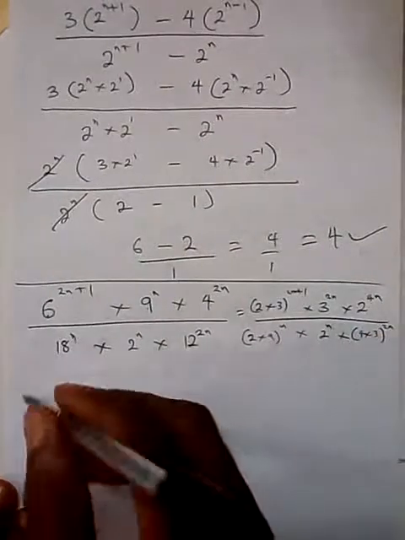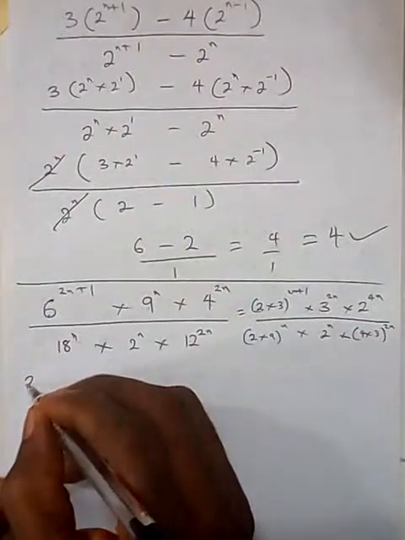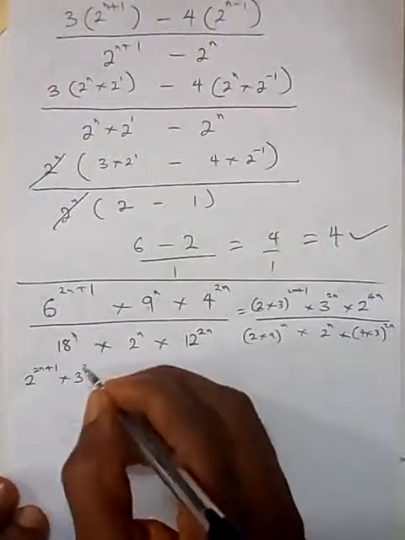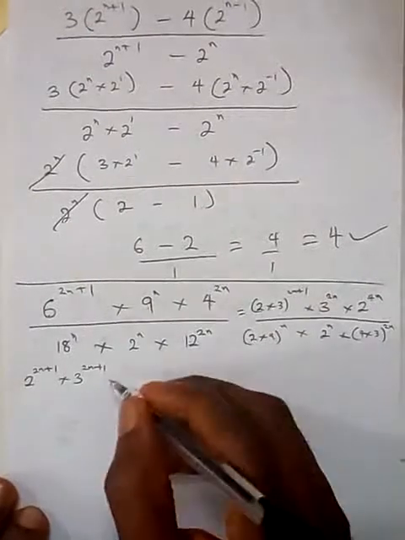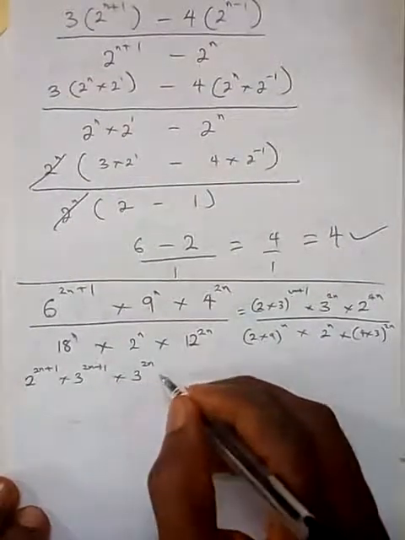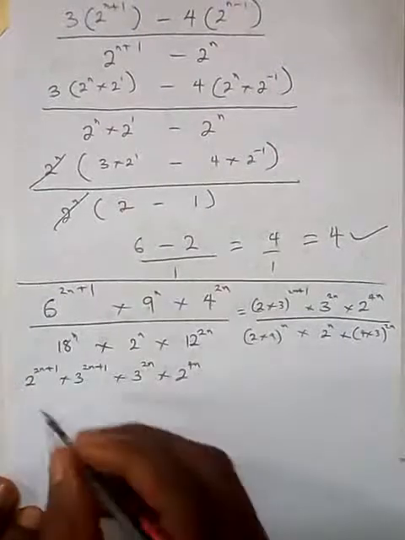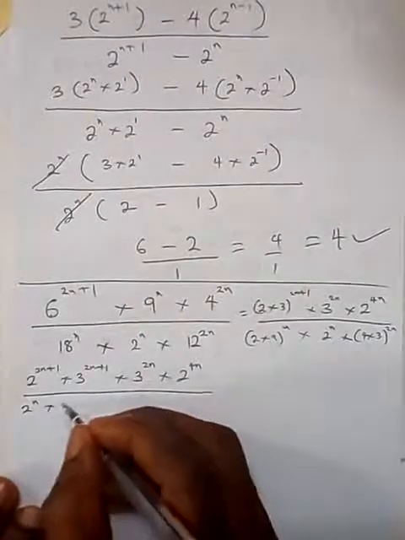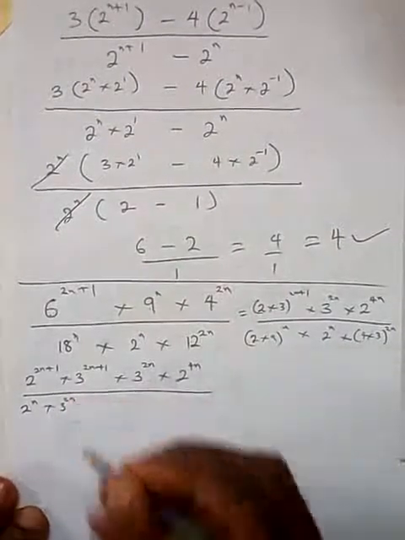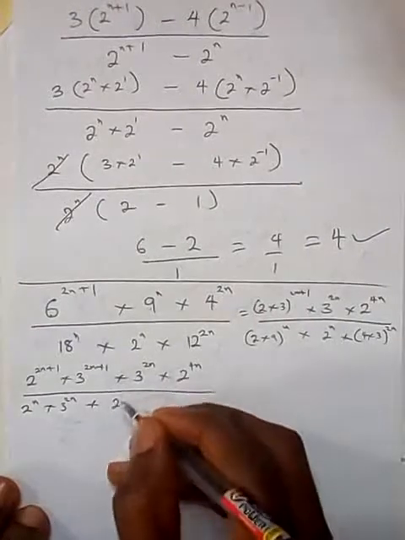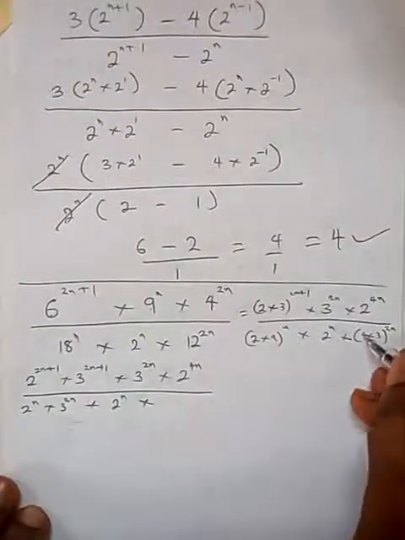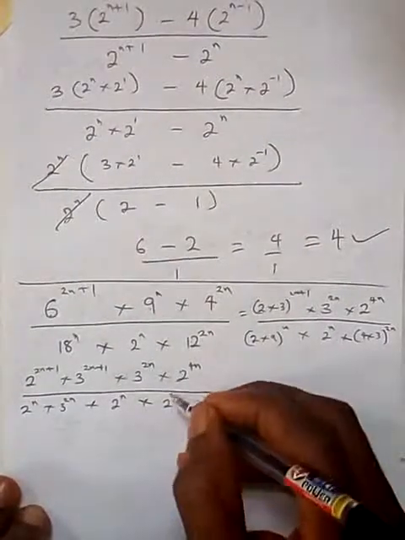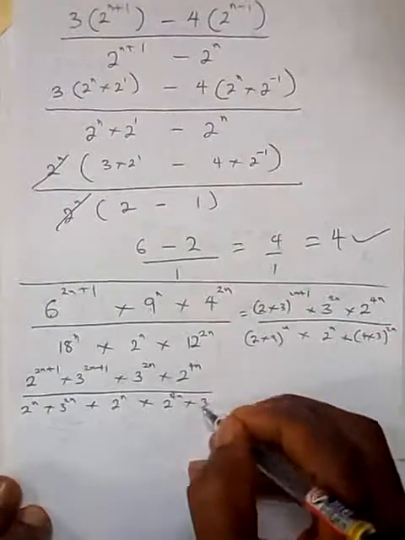Okay, so this is 2 raised to the power 2n plus 1 times 3 raised to the power 2n plus 1, times 3 raised to the power 2n times 2 raised to the power 4n, over 2 raised to the power n, 9 is 3 raised to the power 2n, times 2 raised to the power n, times 4 is 2 squared, then times 2n gives 4n, times 3 raised to the power 2n.